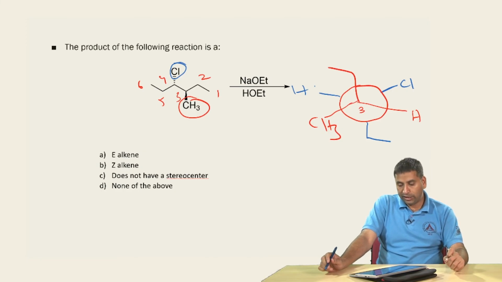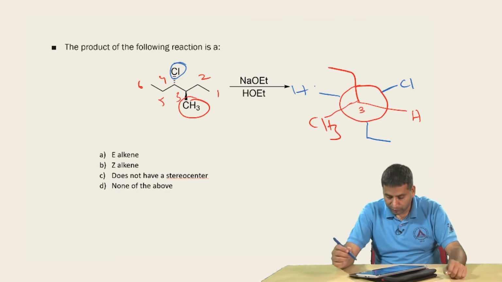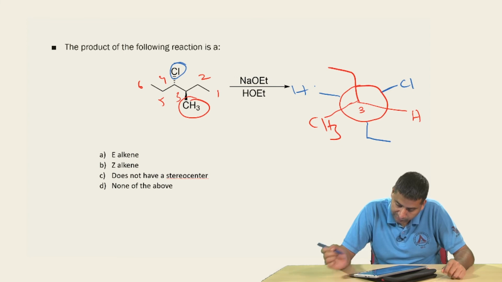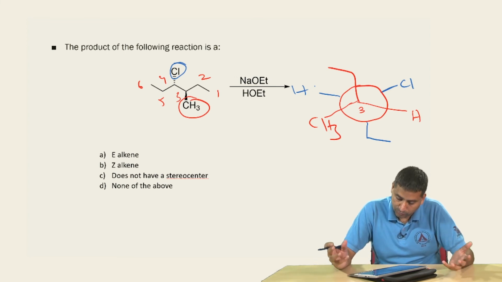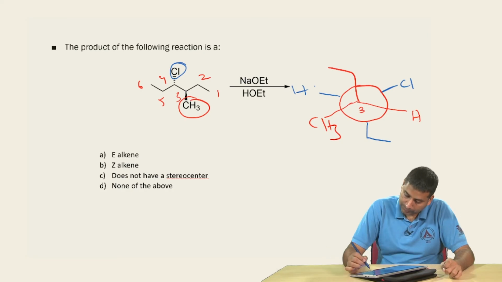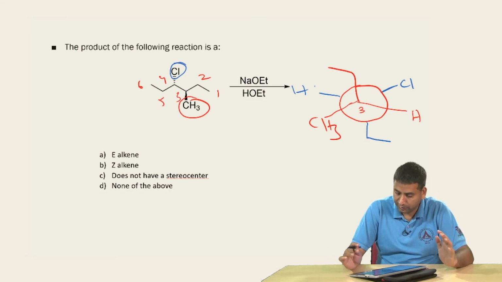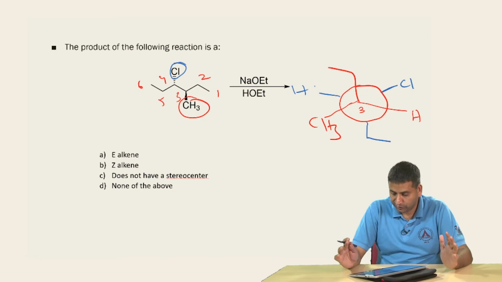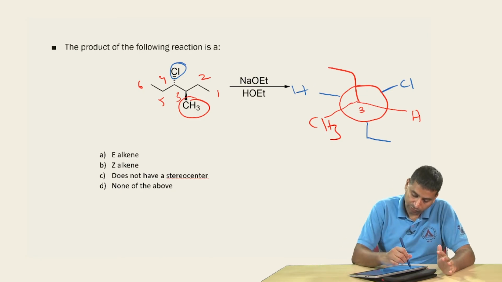So, if we do the elimination from this conformation, now what will happen is that the Cl and the CH3 are actually, there is no possibility of elimination from this conformation, right. So, therefore, we will have to do some sort of a rotation. So, when we do the rotation, let us keep the front carbon constant and just move around the back carbon.